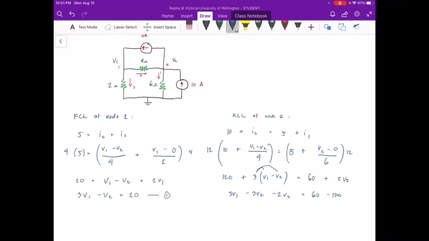So combining V2, we have 3V1 minus 5V2 is equal to negative 60. And that becomes our equation 2.